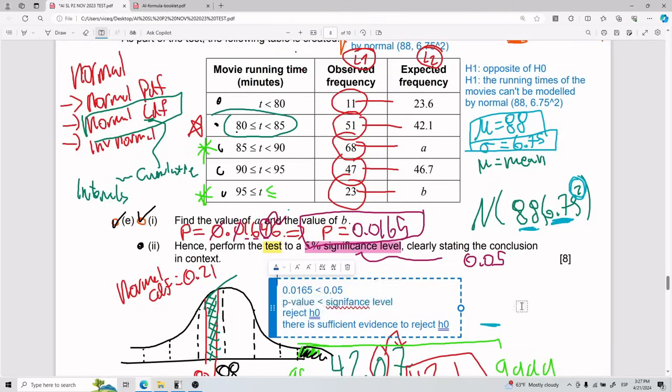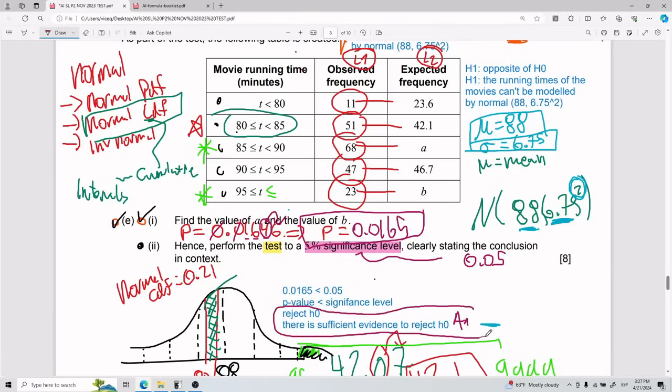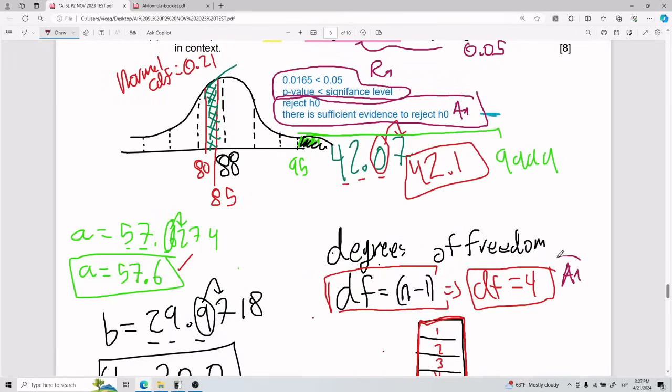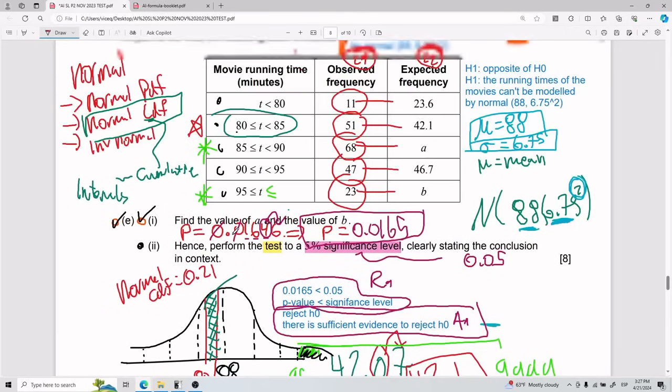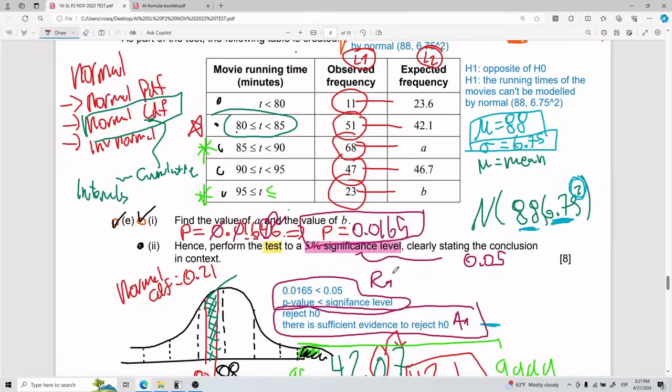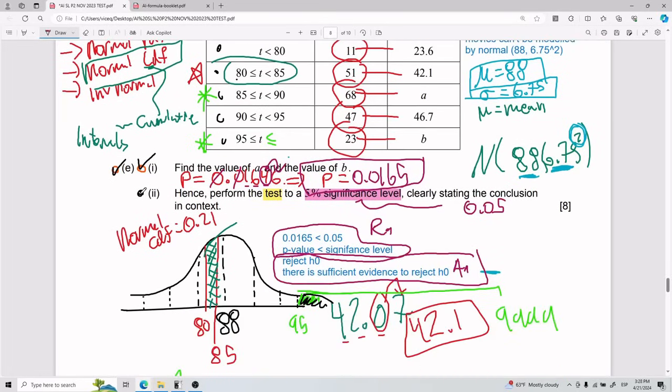You have 1 point for the answer, for saying that you reject H0. You have another point for reasoning, which is saying this. You have another point for process or answer of your degrees of freedom. And that's pretty much most of that exercise for this last part.